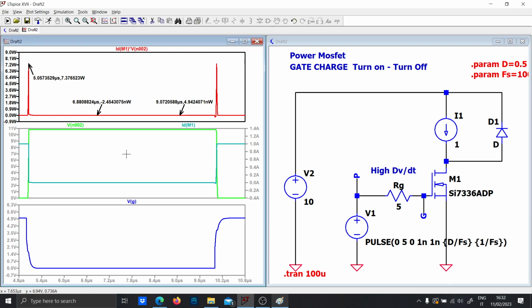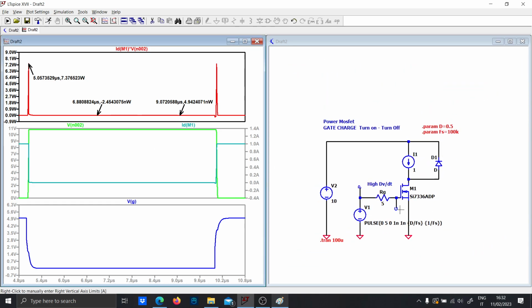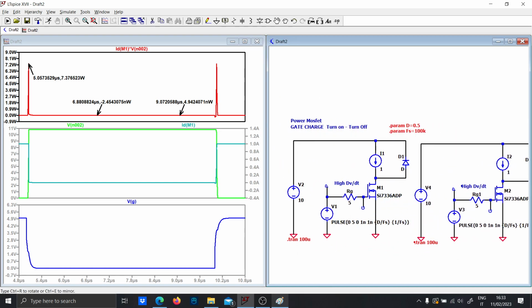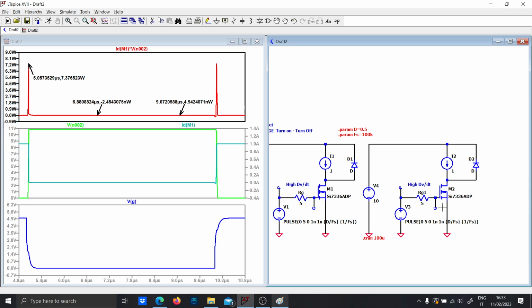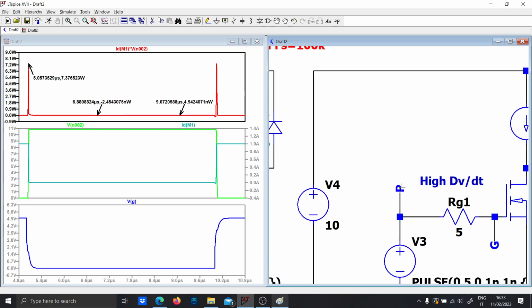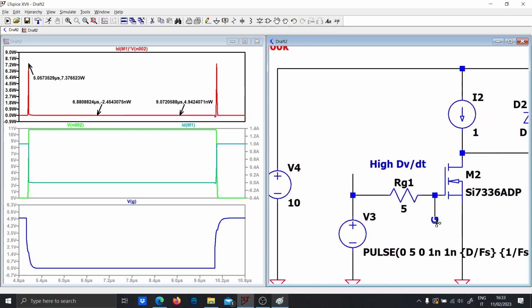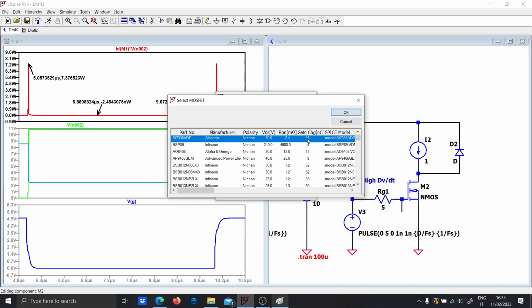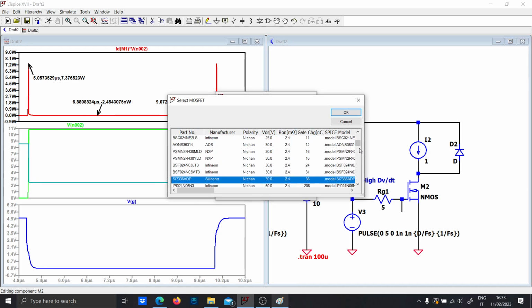Now the fun begins when you choose another MOSFET. You replicate the circuit and you choose another MOSFET with the same parameters. Let's choose another MOSFET of the list, but remember that you have to change this net here. So let's use another MOSFET which has a higher on resistance.